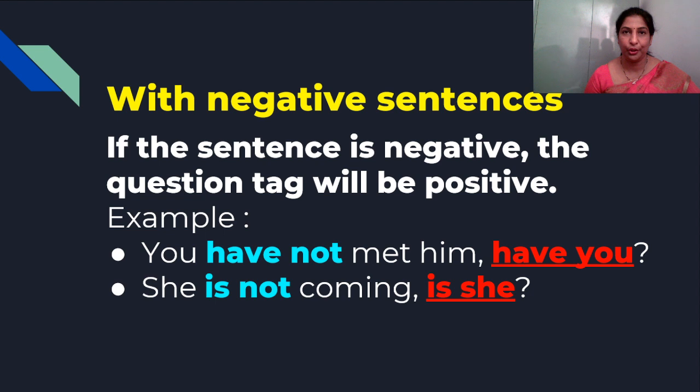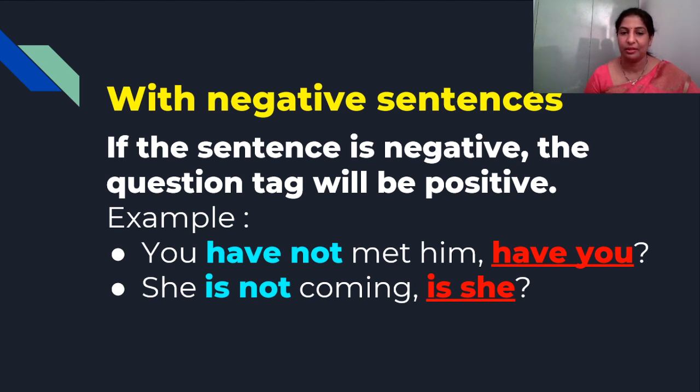Here you can see in the statement, not is used. Remember, a sentence having words like no, not, nothing, never, etc. is called a negative statement. So here not is used in both sentences, so it is a negative statement. For the negative statement, you already know we have to use a positive question tag.